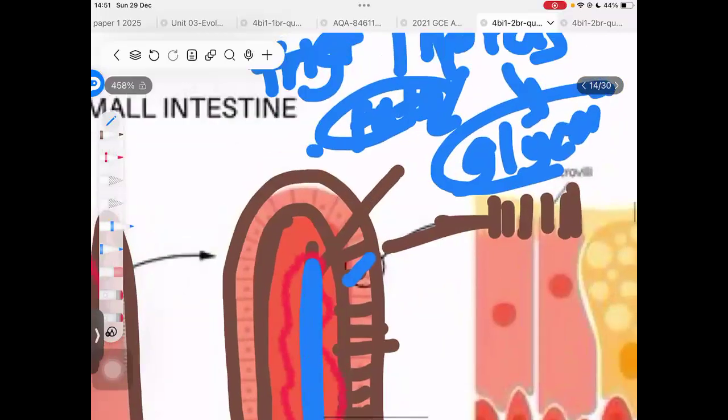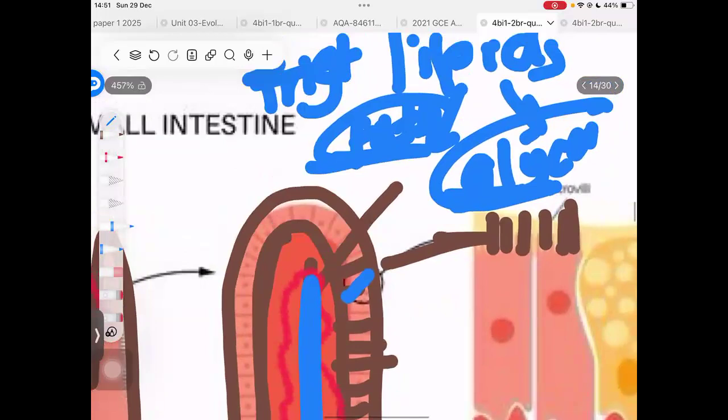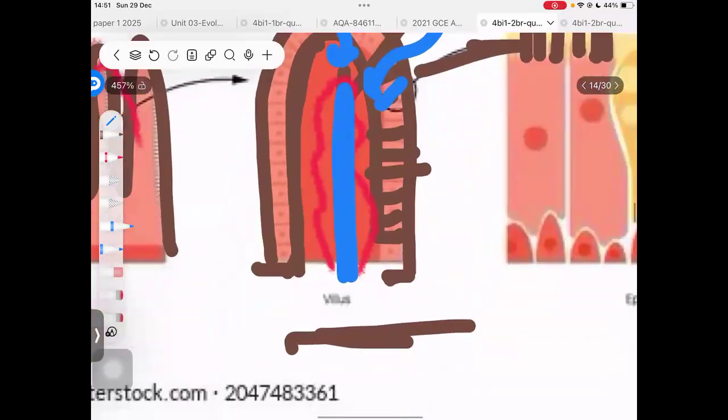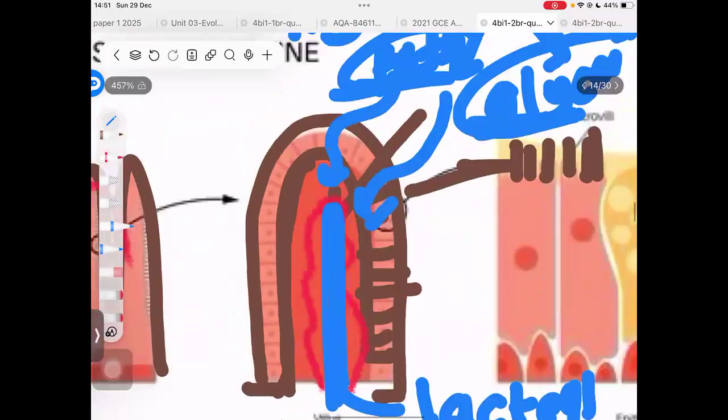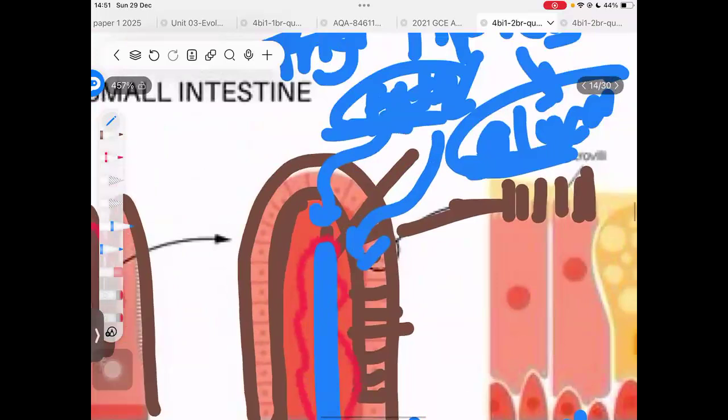So basically, you can see lipids have been broken down into fatty acids and glycerol. Do you know that these lipids cannot be absorbed by the blood capillaries? There is a special type of tube, which is a part of the lymphatic system inside the villus, called the lacteal. They absorb these fatty acids and glycerol molecules.